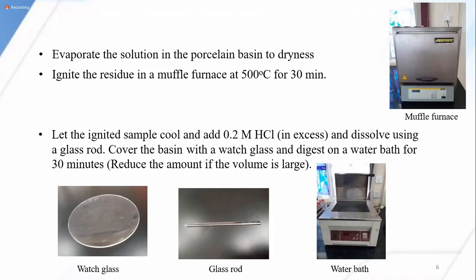After the evaporation, the cations are present in the residue. Now we are going to ignite the residue using the muffle furnace. So I'm asking, what is the purpose of igniting the residue?